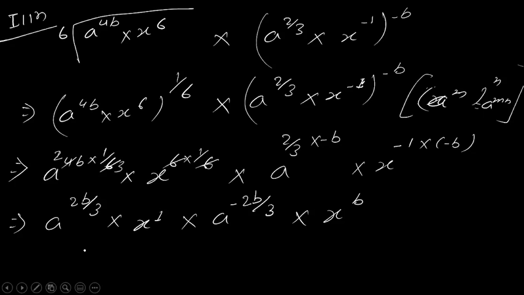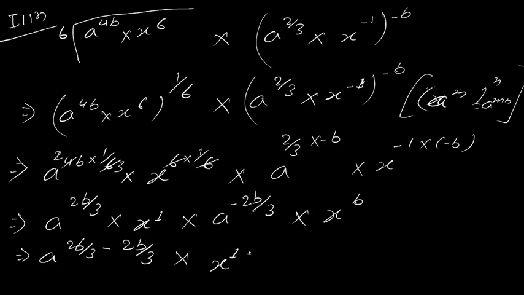Plus. Now you tell me, a to the power 2b by 3 and a to the power minus 2b by 3, the base is same, both are in multiplication terms, so you can add the powers, plus and minus, 2b divided by 3 cancels. And for x, see the base is same here, so we can add the powers: 1 plus b, isn't it? Yes, sir.